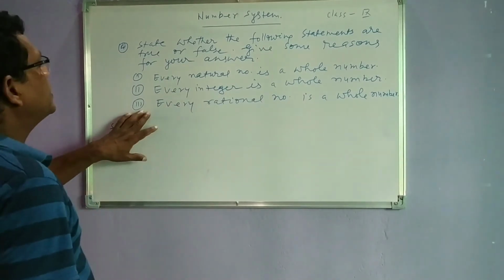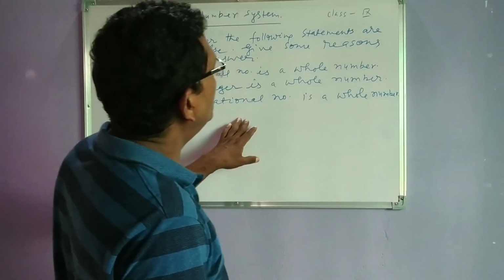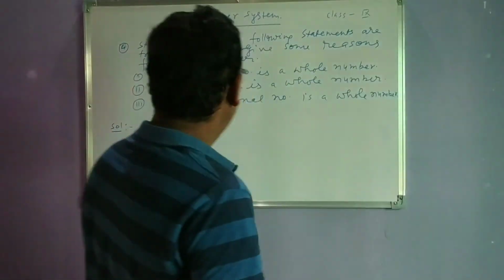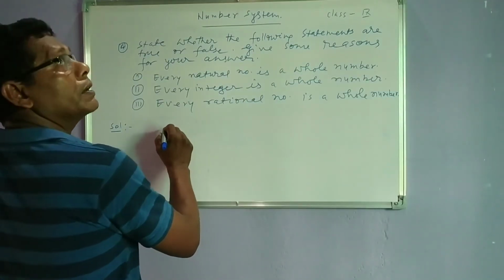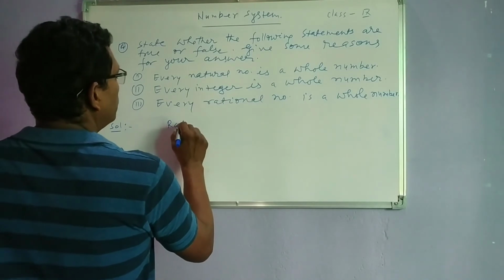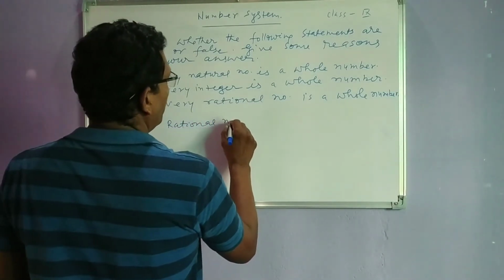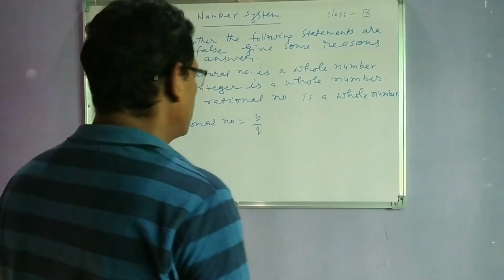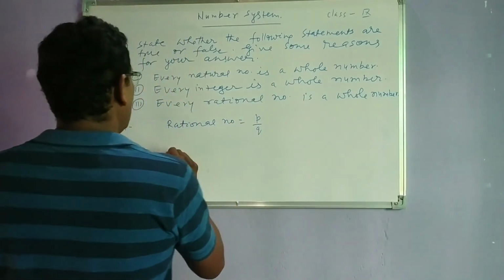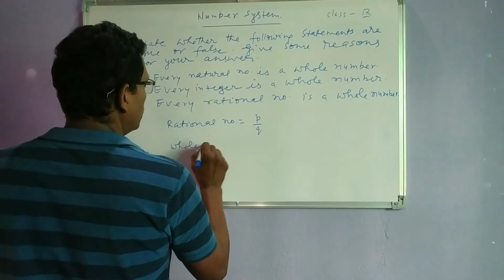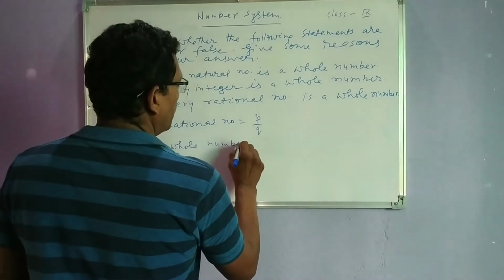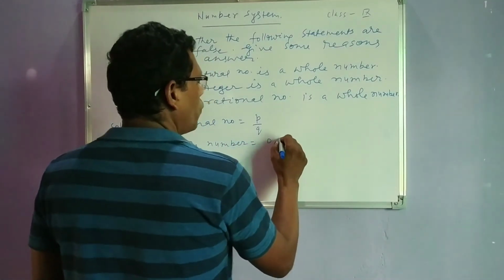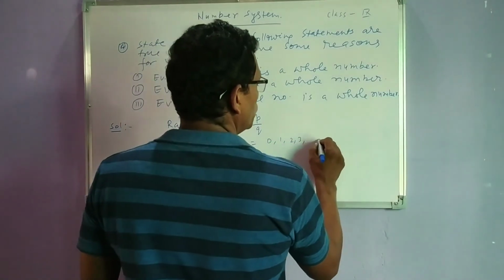Now third statement says every rational number is a whole number. So first we know what is rational number. Rational number is in the form of p upon q. And whole number starts with 0, 1, 2, 3, and so on.